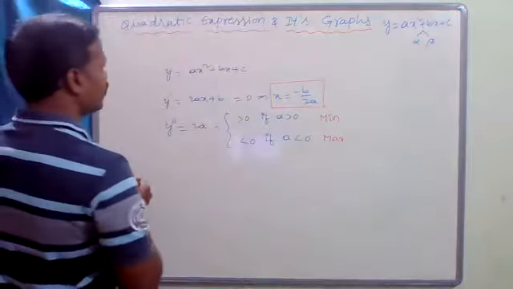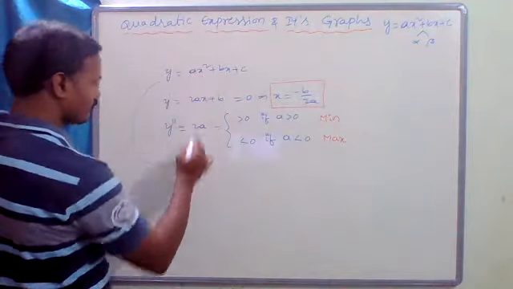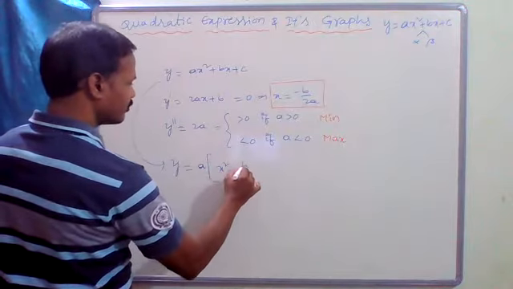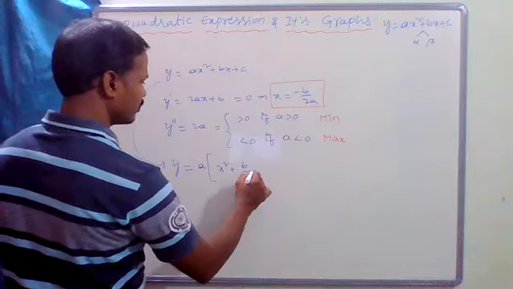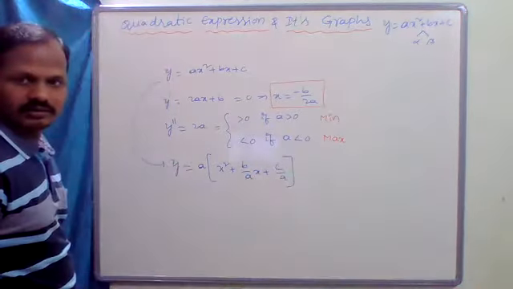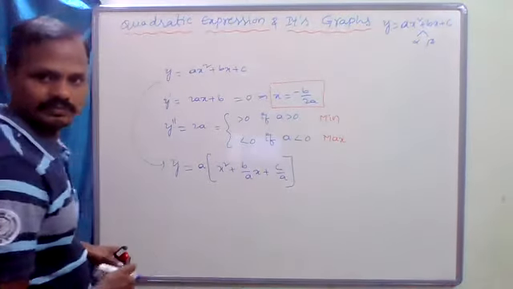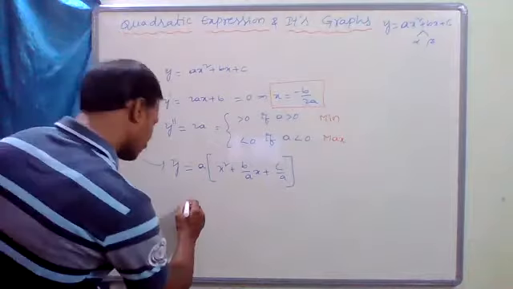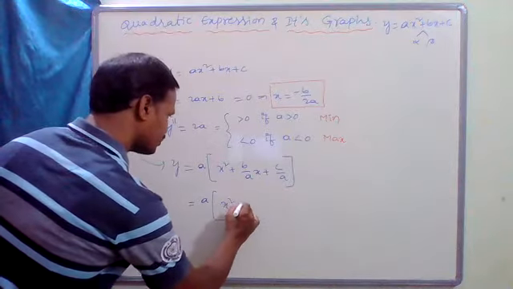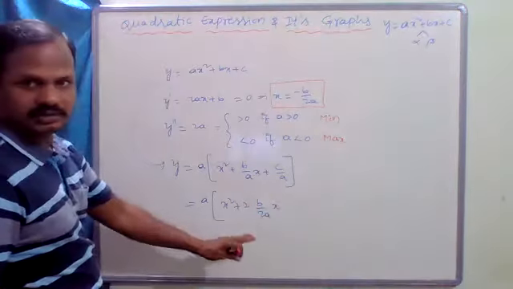Now I will write y equals, if you take a common, a into x square plus b by a x plus c by a. This is equal to a into x square plus 2 into b by 2a into x, which I already wrote in the first class itself.